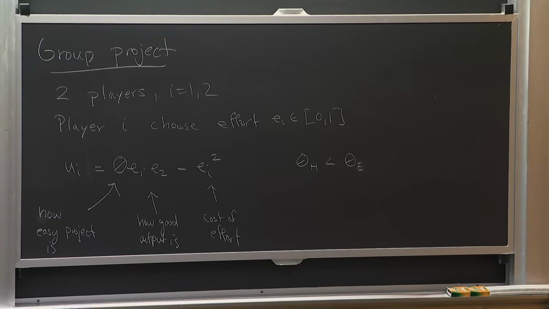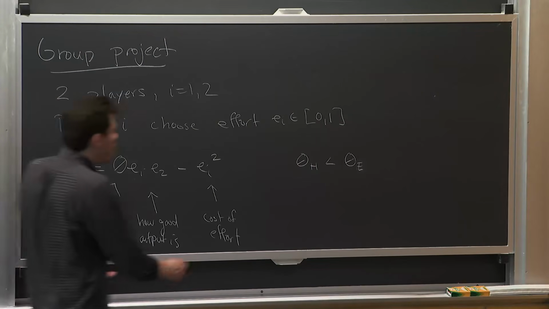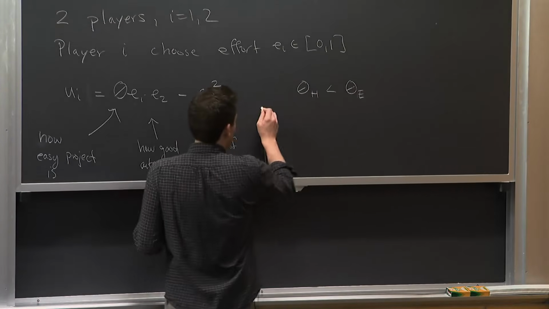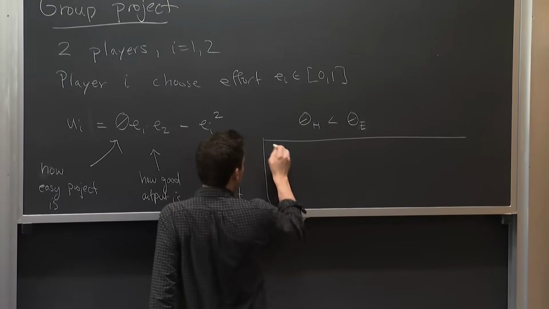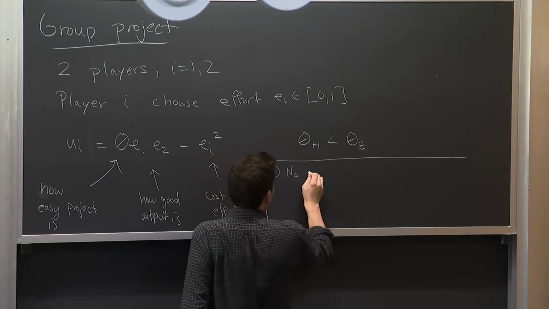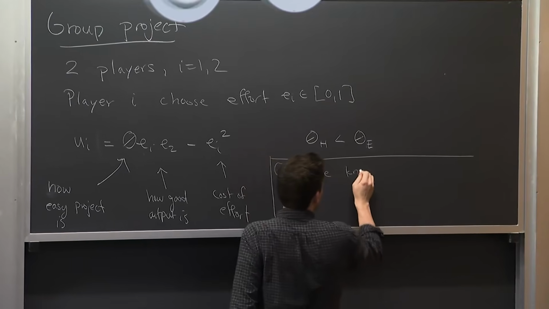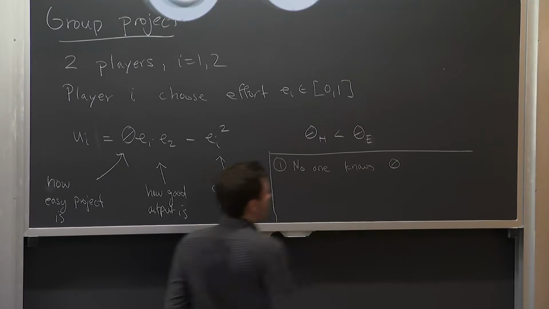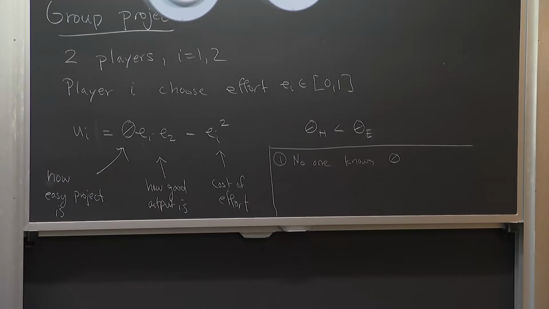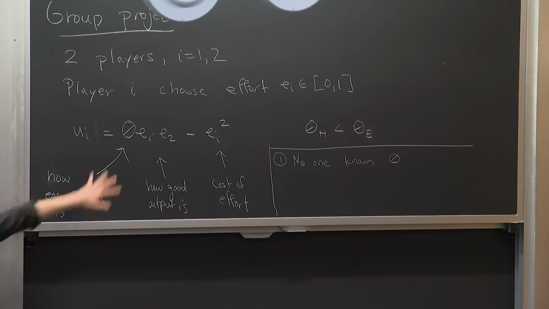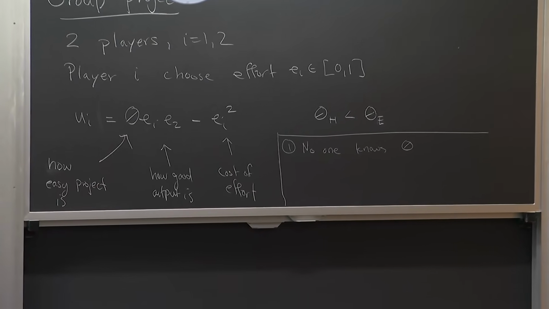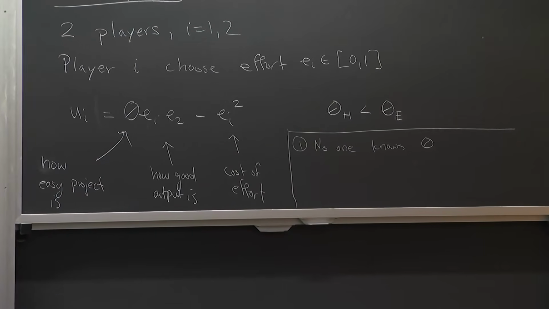So let's think through a few cases here. The easy case, case 1, would be no one knows theta. If no one knows theta, and they just believe theta follows some distribution, then we can analyze this as a classic game, because at the beginning of the game, information is symmetric.